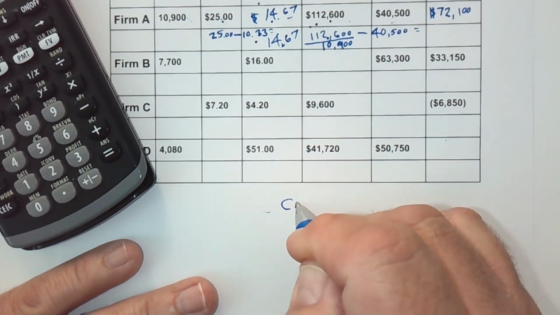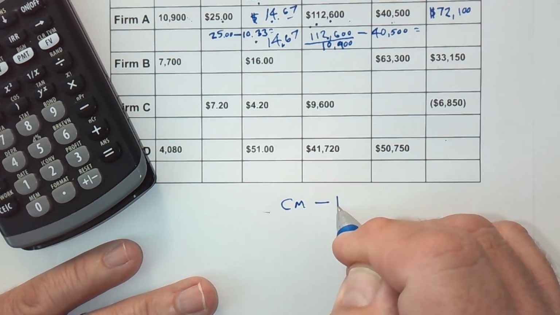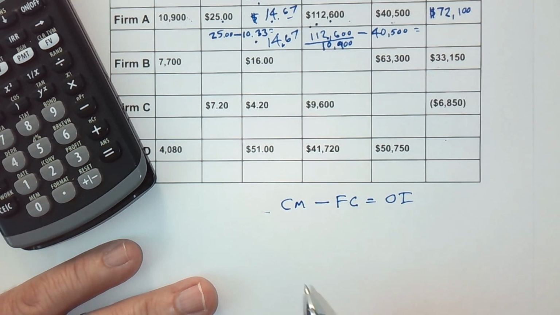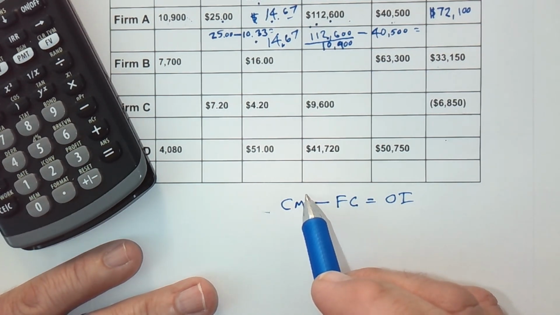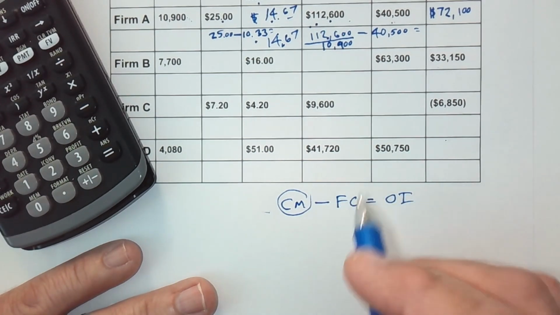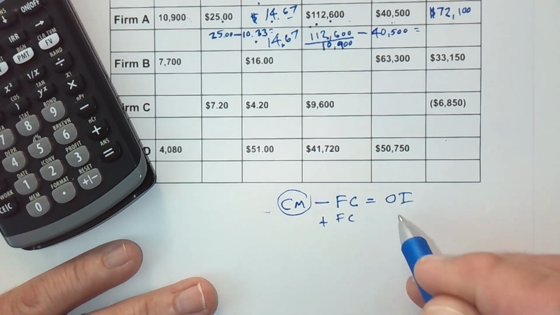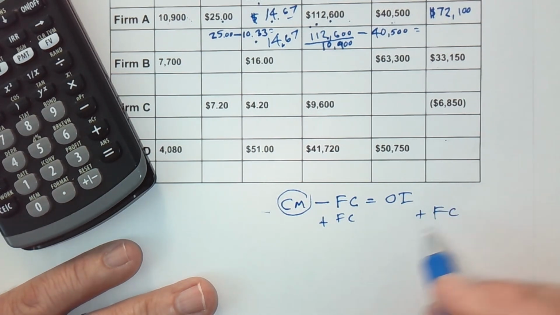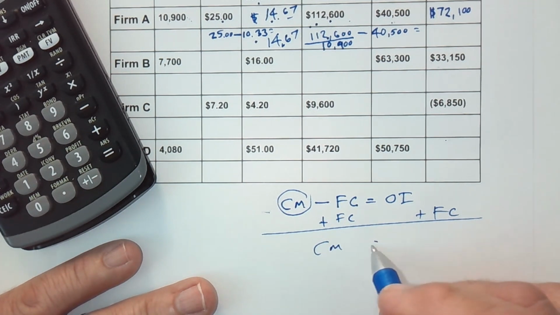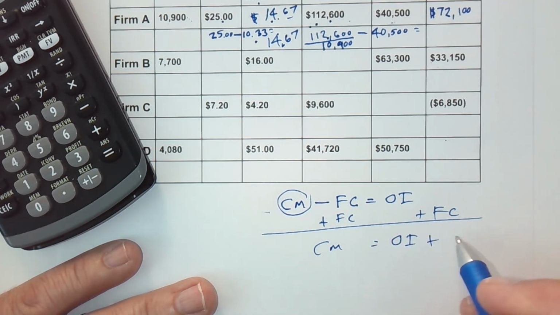So we have contribution margin, and if we subtract out the fixed costs, that gives us an operating income. Well, in this case, we don't know the contribution margin, so we want to find it. So if I add the fixed cost to both sides, then I wind up with, algebraically, the contribution margin is equal to the operating income plus the fixed costs.